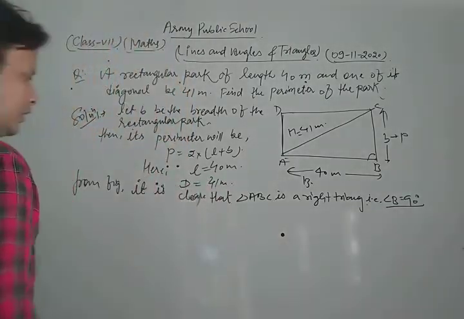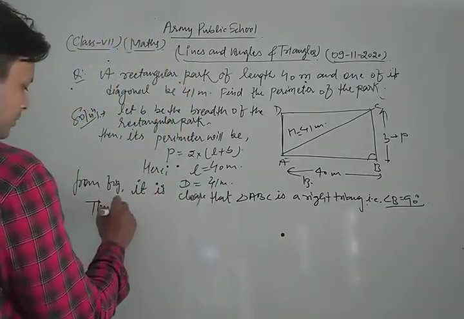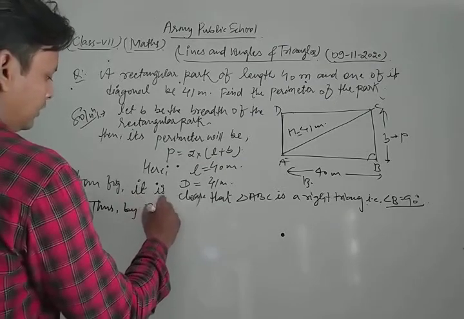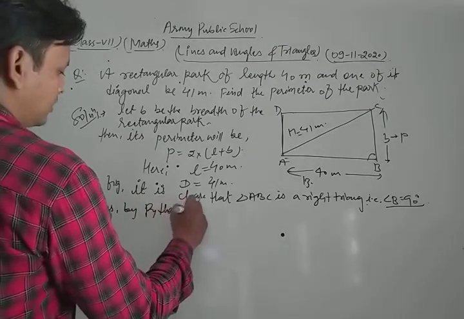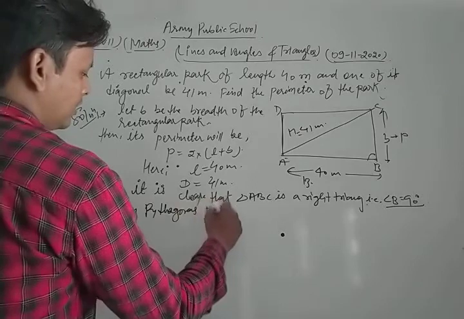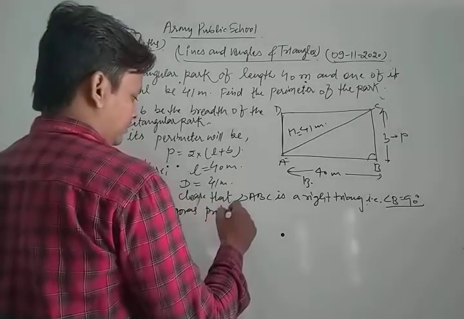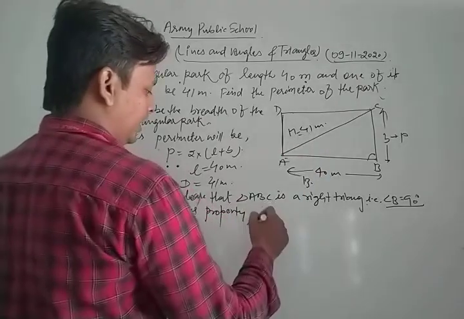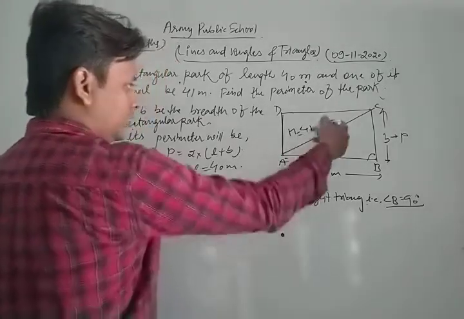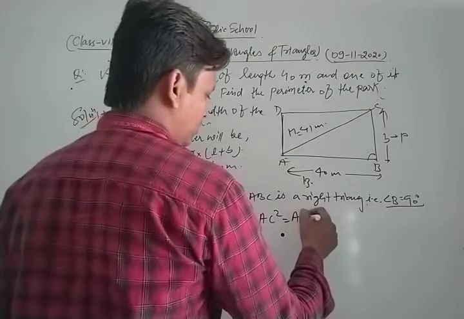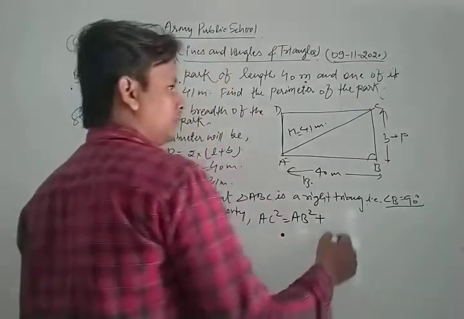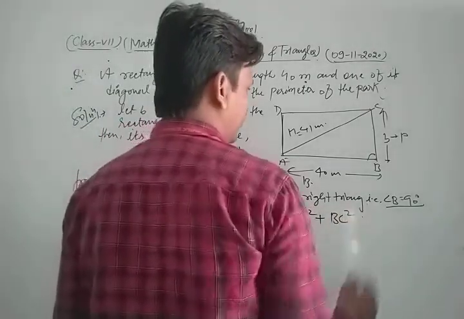Okay. Thus, by Pythagoras property, we get AC square is equal to, this is the hypotenuse, AC square is equal to AB square plus BC square.